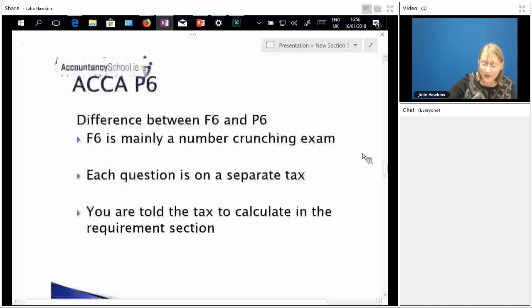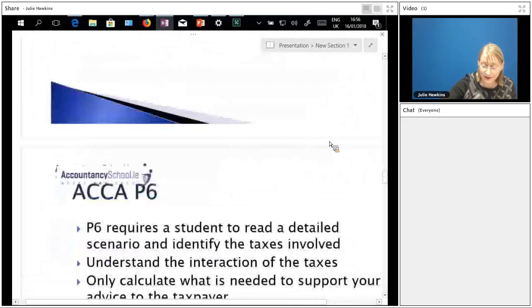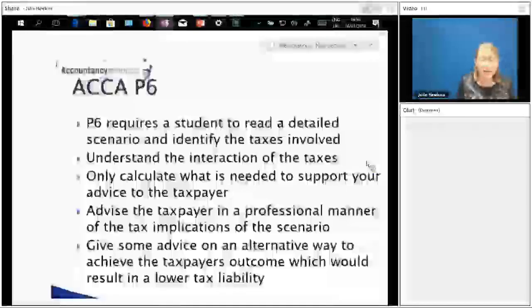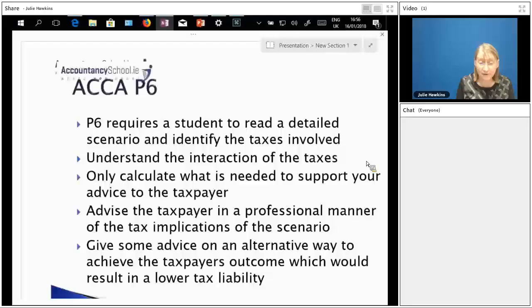Now, when we get to P6, that will not be the case. P6 requires the student to read a detailed scenario and to be able to identify the taxes involved. So the question doesn't tell you the taxes to calculate. It will just ask you, calculate the tax liability of John, or calculate the tax liability of Byrne Limited.